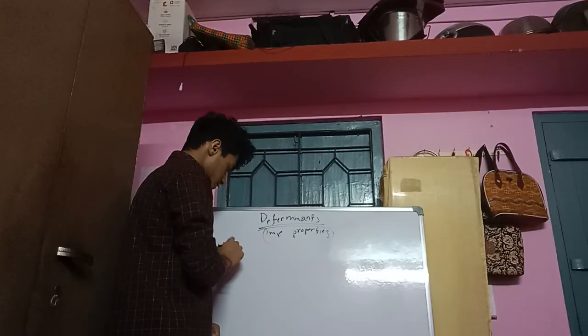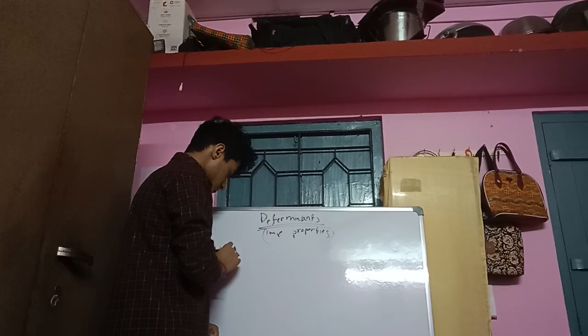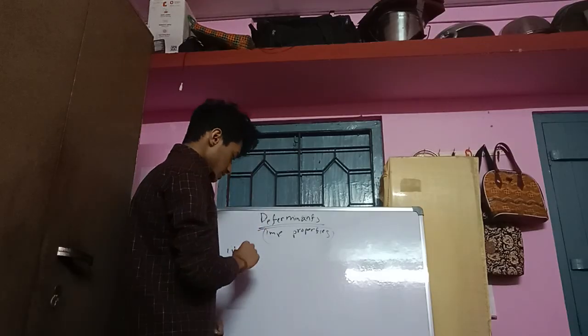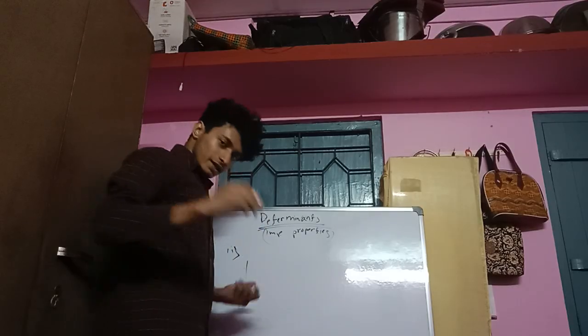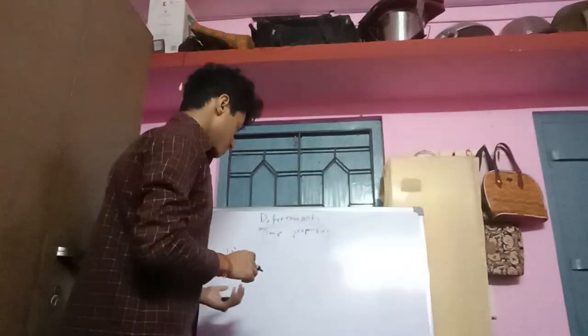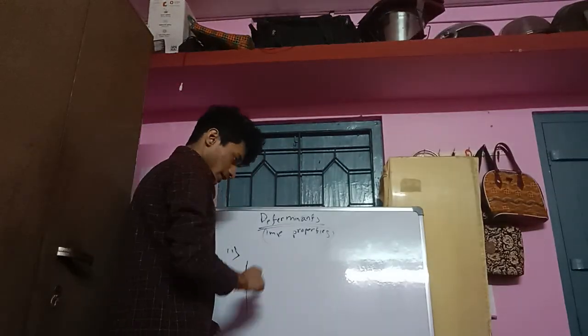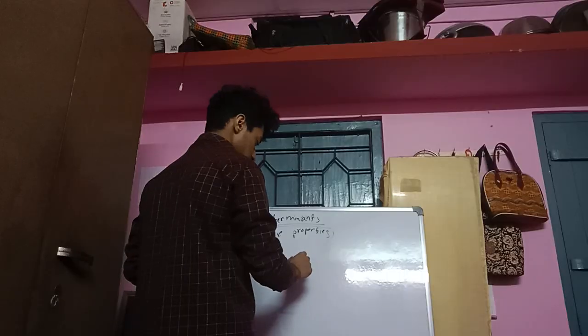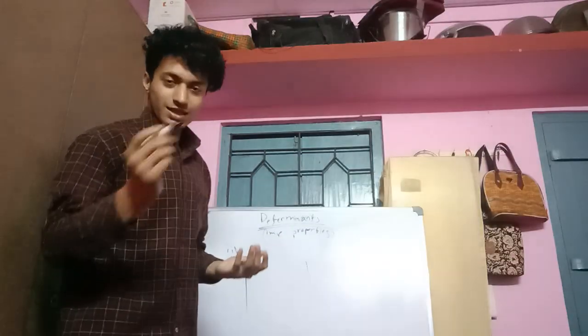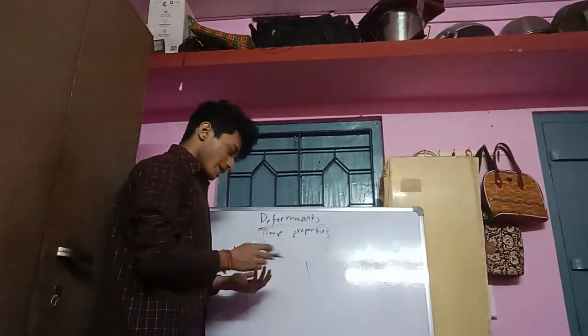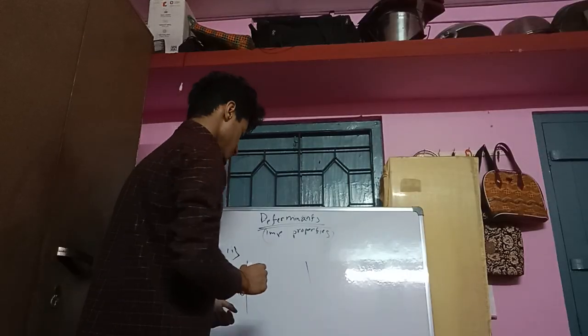The second property says that if in a determinant any two rows or any two columns are the same, identical to each other, or they are scalar multiples of each other, the value of the determinant would be 0.